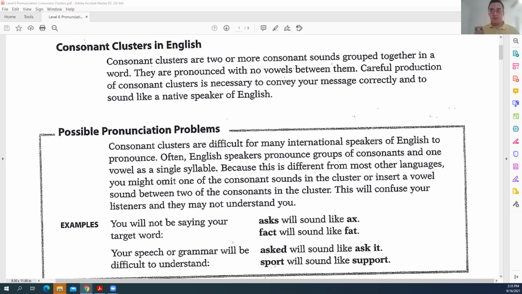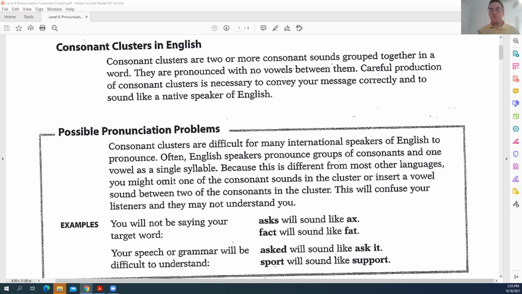But sometimes learners will mispronounce asked and they will say ask. Asked to a native English speaker will sound like ask it, when really you wanted to say asked.